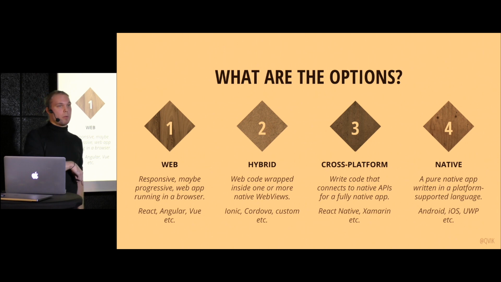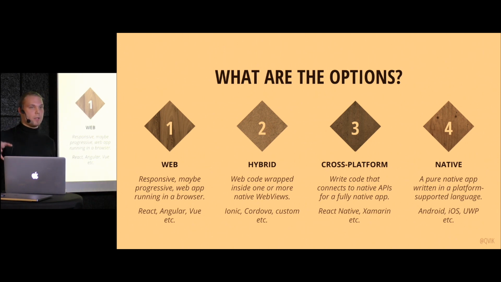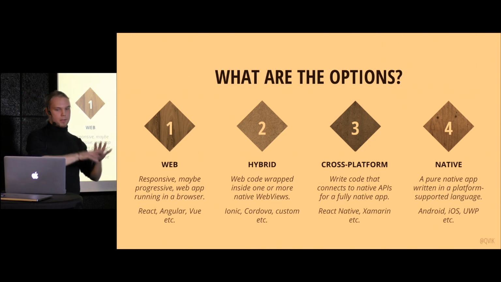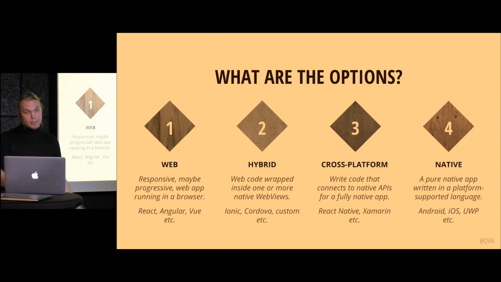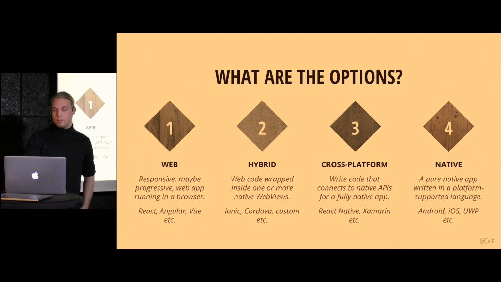Then there's cross-platform, which React Native is. So you write something in something completely different, and then it just ships whatever you have in that native technology itself. And then there's pure native, which I'm sure you're very familiar with. So you just write in Java, Kotlin, Swift, Objective-C, whatever you use.